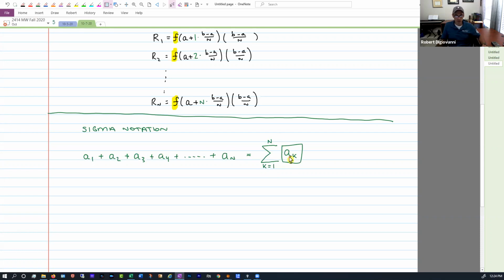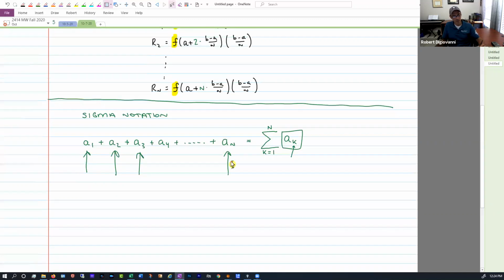Let k be 1, replace k with 1 here, we get a subscript 1, right? That's this. Then we say plus. Now we let k go up to 2 and plug 2 in here. That gives us this one. Then we do plus, and we plug in 3, and that'll give us this one. We keep doing this until we get to n and we stop. Make sense?